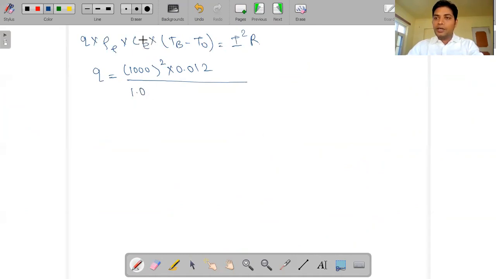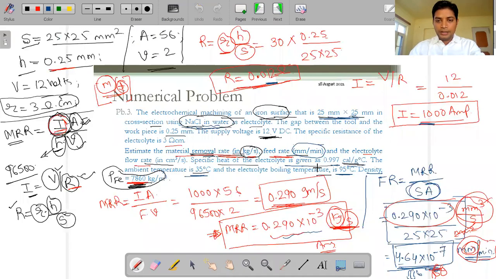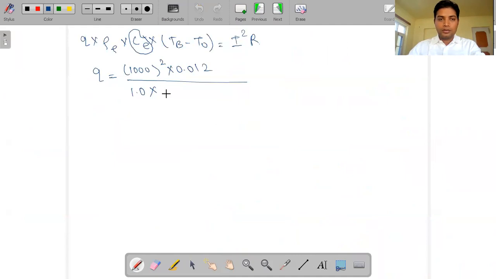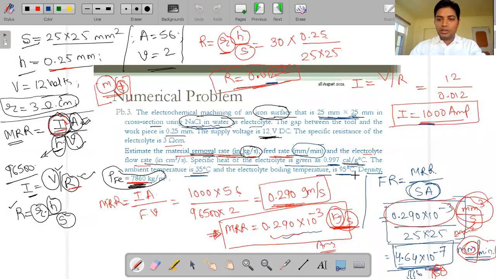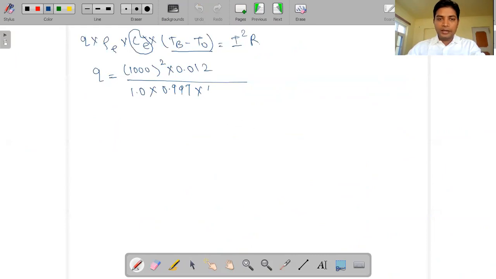We take gram per cc because CE is also given in calorie per gram per degree centigrade. CE is 0.997, TB is 95 and T0 is 35, so 95 minus 35.